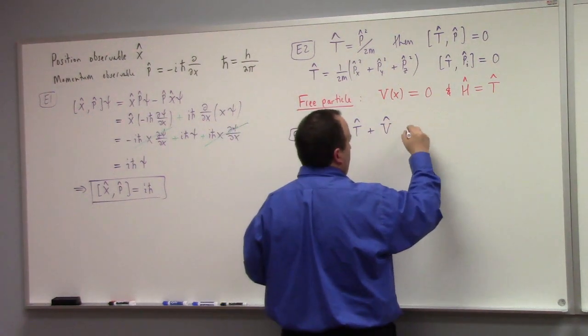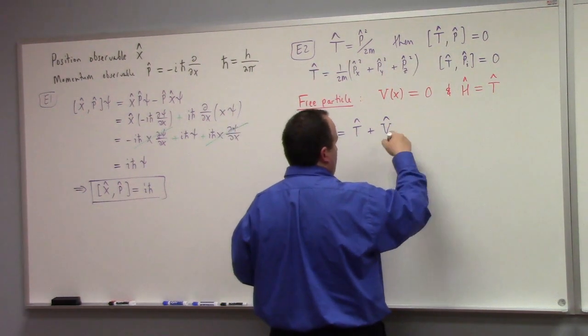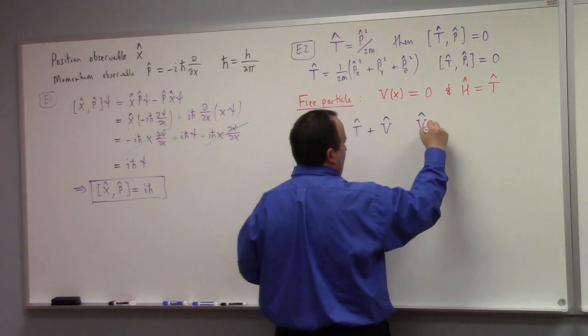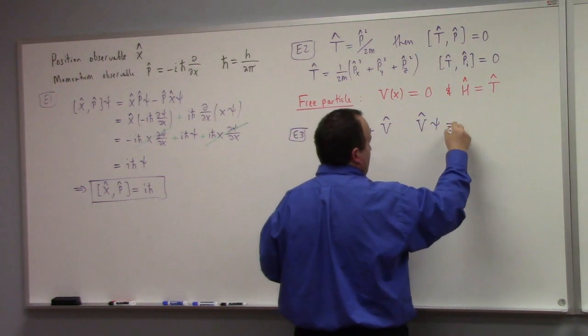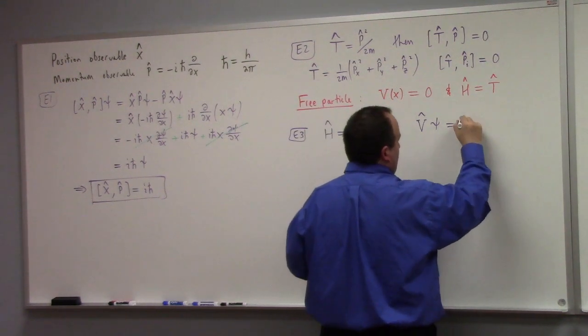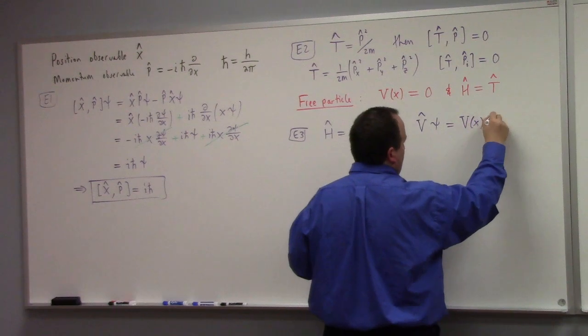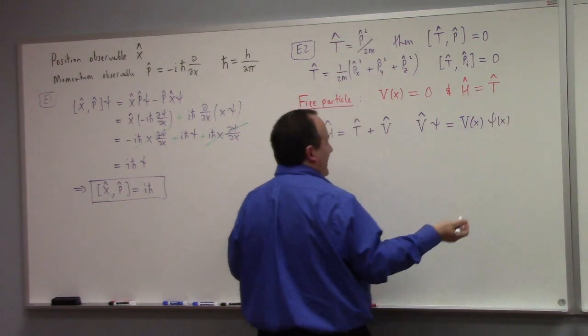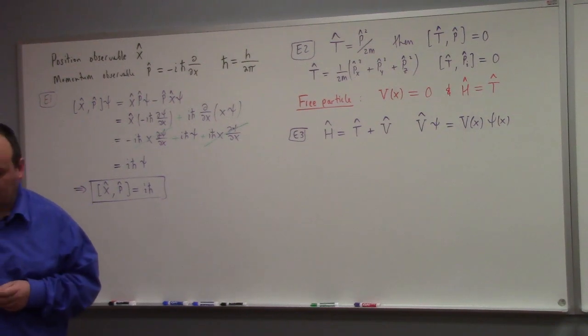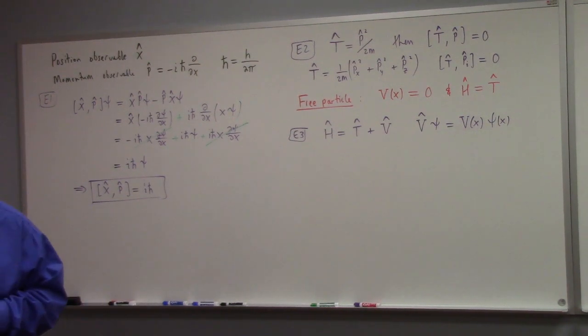Here, this is a very simple operator: V hat acting on psi is just going to give you the potential energy times psi of x. That's what we mean by V hat. It's multiplicative; it multiplies by the potential energy function, whatever that happens to be for the system.